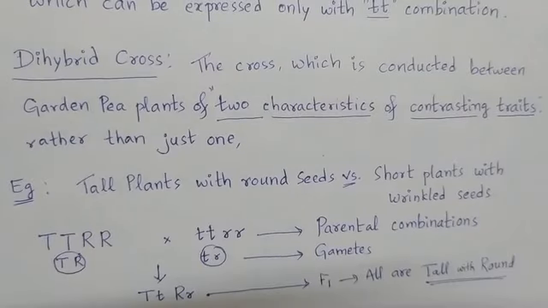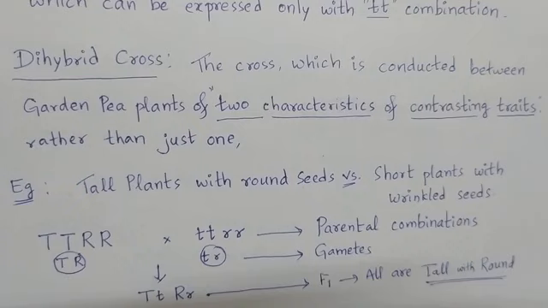Dihybrid cross. Mendel conducted initially a monohybrid cross. In that monohybrid cross, Mendel took two pure garden pea plants. One pure garden pea plant is pure for only one particular trait, that is tallness. The other plant has its contrasting trait, that is shortness.